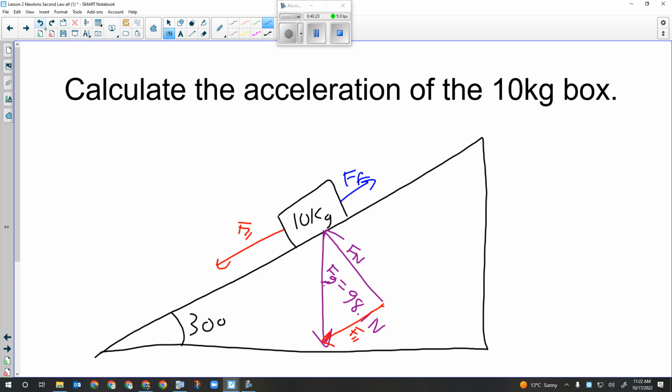Okay, so if this was, let's say, somebody pushing this thing up the ramp, then I would have friction acting down the ramp, and an applied force acting up the ramp.